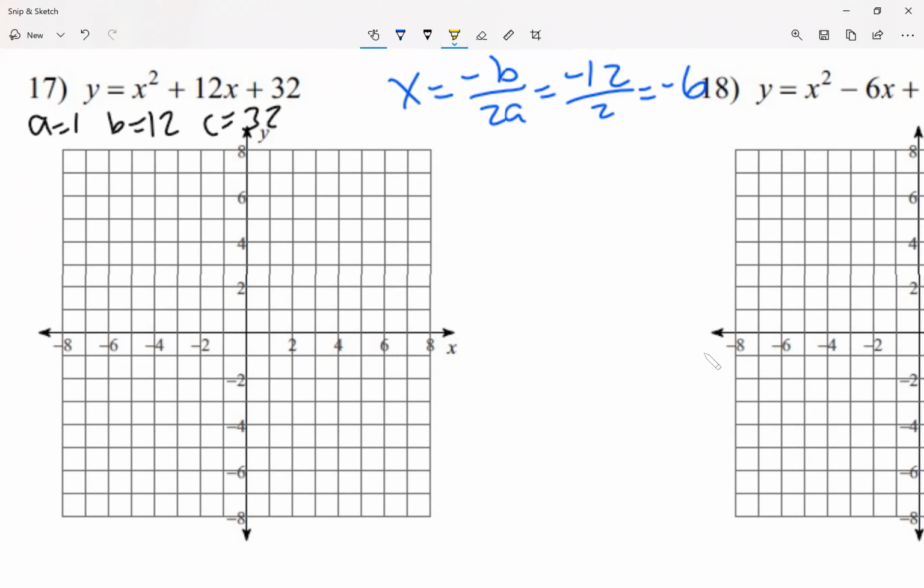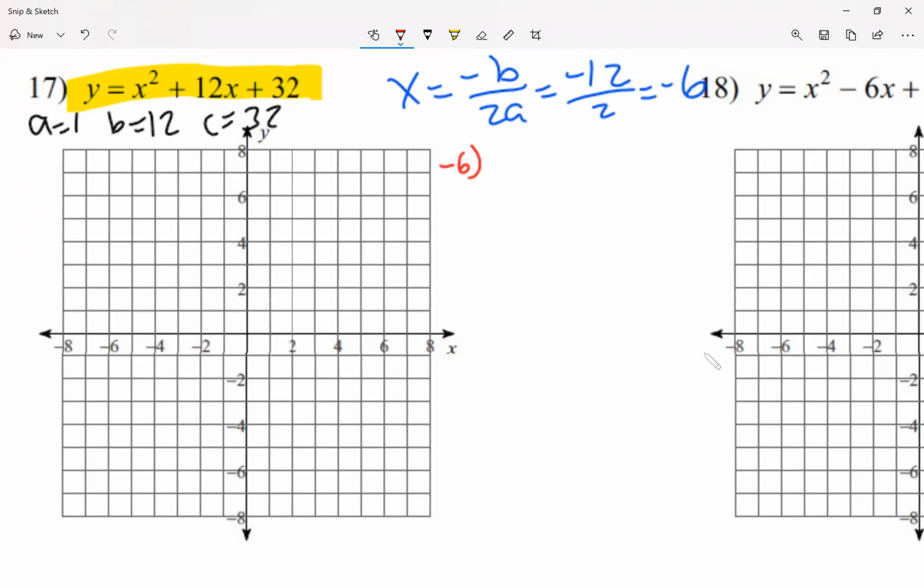Okay, I know my x value. For my y value, I'm going to use this whole thing. For space purposes, let me just write what comes after the equal sign. So I'm going to write -6 inside parentheses squared, because x is -6, plus 12 times -6 plus 32.